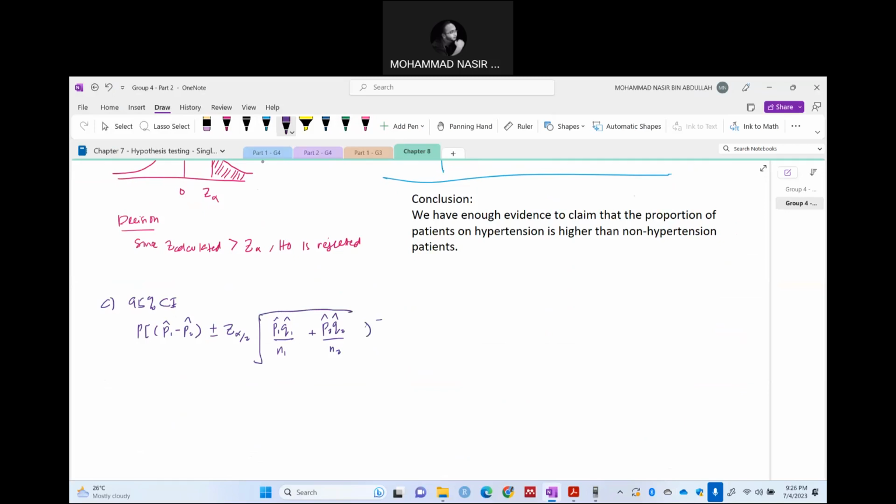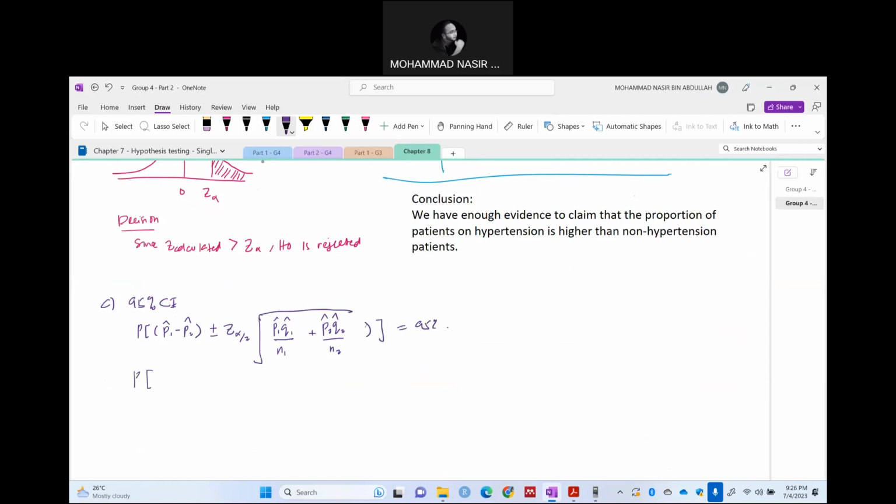So this one should be 95%. Okay. So you just plug in the values into the formula.